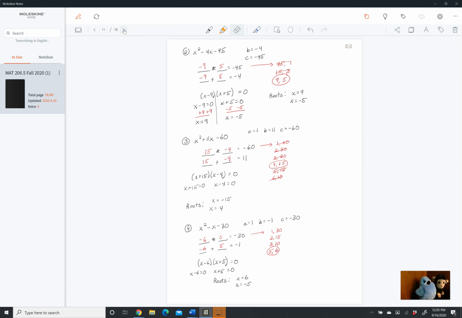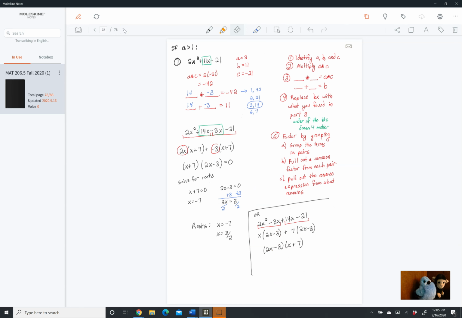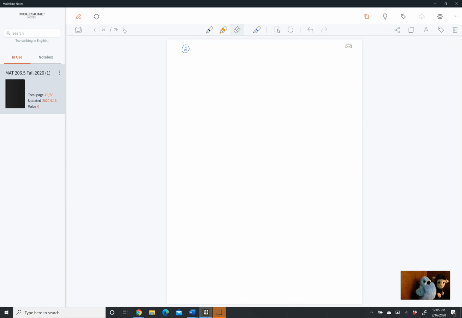Okay, let's go back and do another example with an a that's greater than 1. So we'll do just a few of these. Let's do 3x squared plus 13x plus 4. Okay. So I'm going to put this in black just so that it's consistent and I can use different colors.